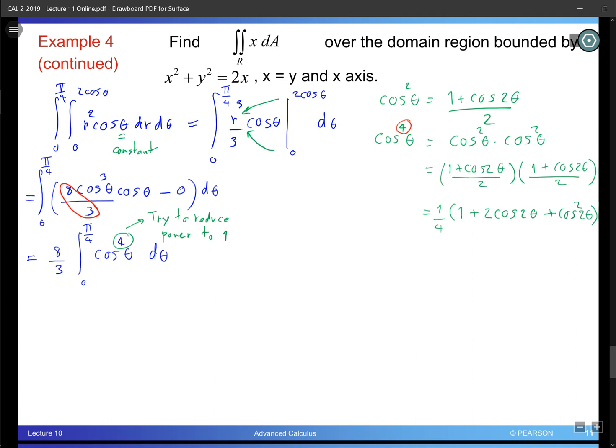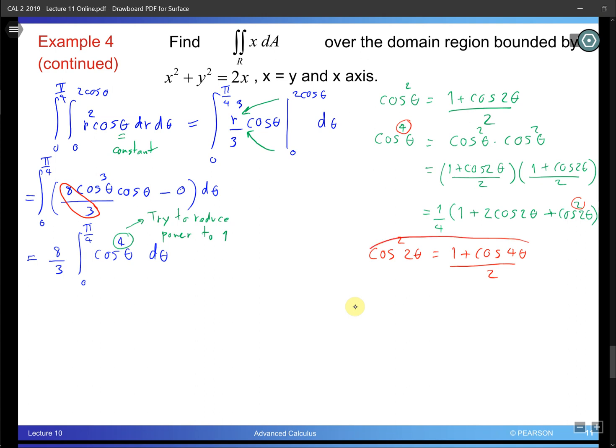And then we reduce it to, okay, the first one is already a power of 1, but we still have this power of 2 here. So we are going to do something extra here. We are going to use this: cosine 2 theta square is equal to 1 plus cosine 4 theta over 2.